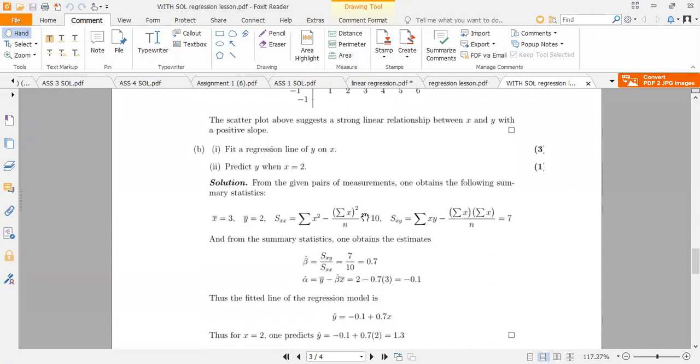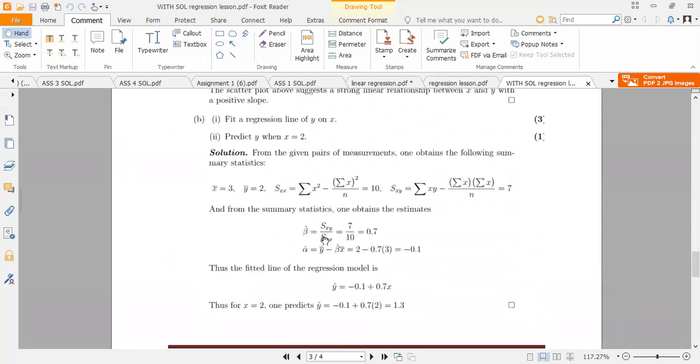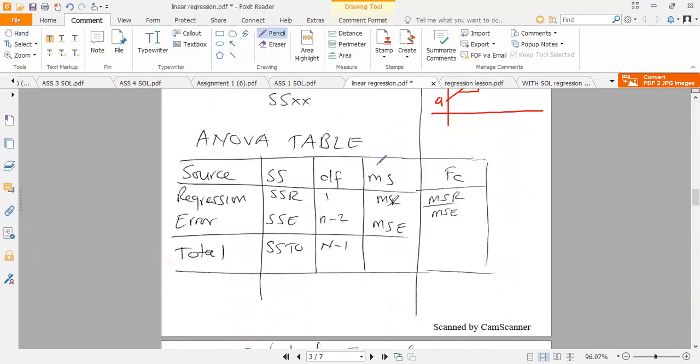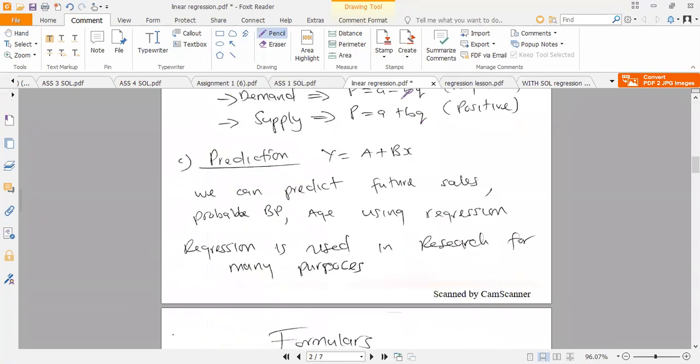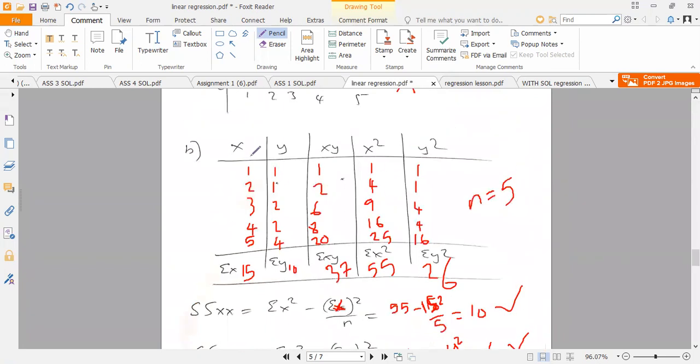So you need to come up with this table, where you have x values and y values. You put them or rearrange them as follows. So x values are here, the y values are here. xy, when you multiply this by that, this by that, this by that, this by that, all right?